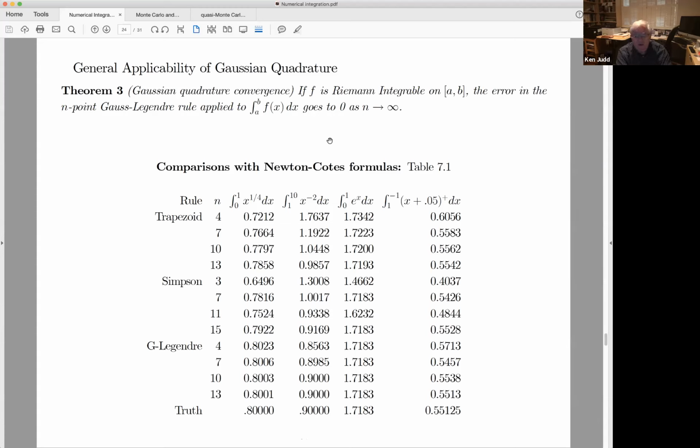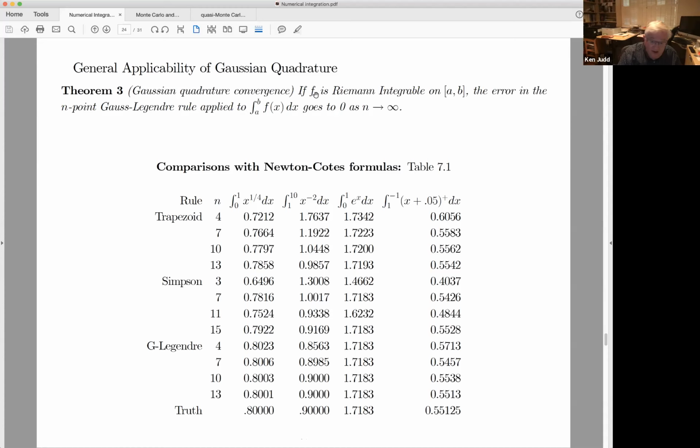Now, Gaussian quadratures. You would say, okay, my presentation of the theory makes it sound like it's based on orthogonal polynomials and that it's only valid for highly differentiable functions. The validity of Gaussian quadrature is far greater than that.